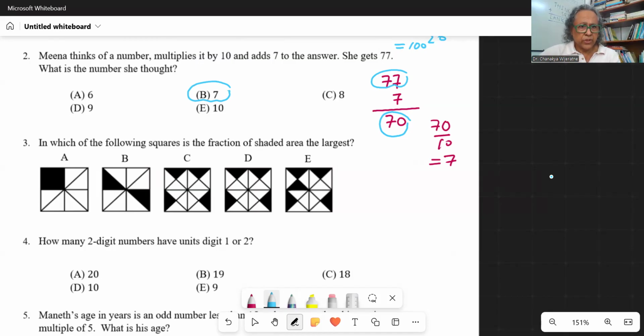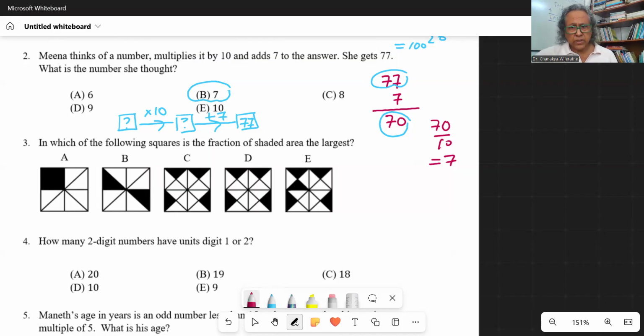So if we draw a flow chart, here's the number she thought of, we don't know what it is. And then she multiplied it by 10, and she got an answer that also we don't know. And then finally she added 7, and she got 77. Here we work backwards.